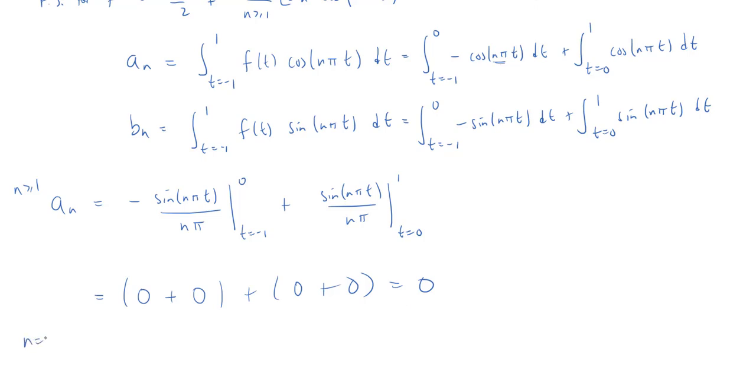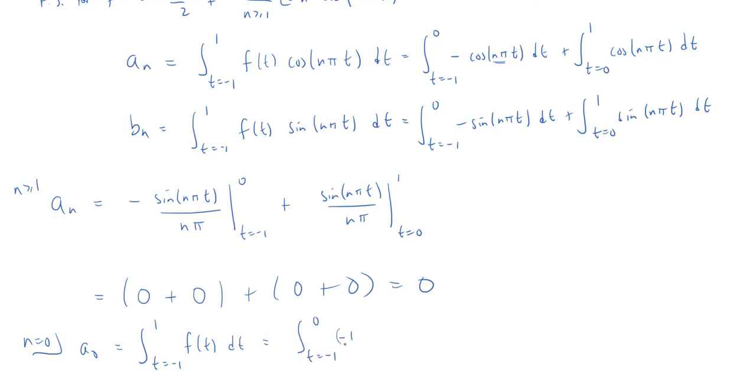What about the n equals 0 case? So now I would have a sub naught is equal. We're going to integrate from negative 1 to 1. And the function now, right, we have cosine of 0, which is 1. So I just get the function f of t. Okay, well, again, maybe I'll break this up just to make it really transparent.